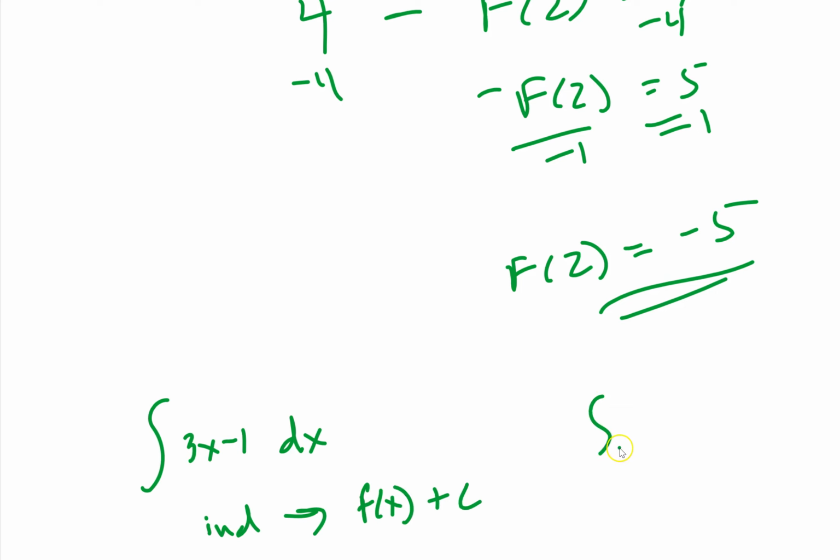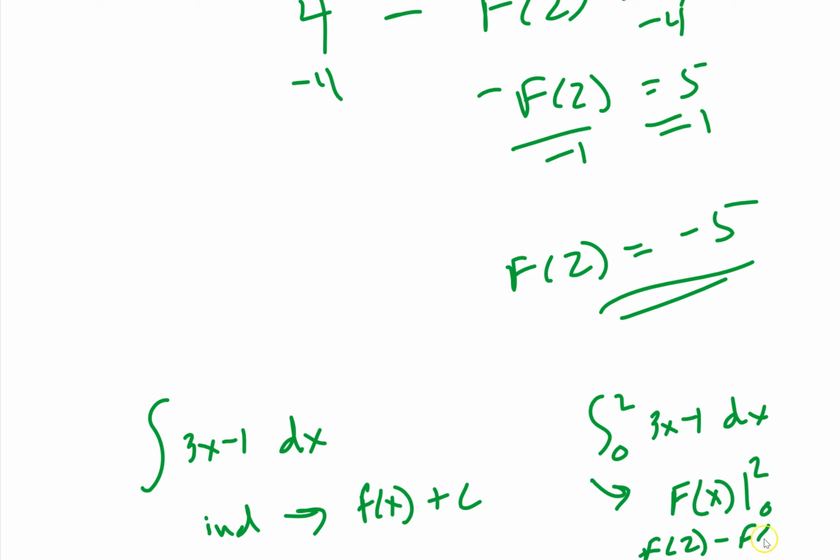This is a definite integral. This one you can put in your calculator. The difference with this one is once you integrate it, it's top minus bottom. So f of 2 minus f of 0. Right? So definite integrals, once you integrate it, top minus bottom. Indefinite, plus c. And there we go.